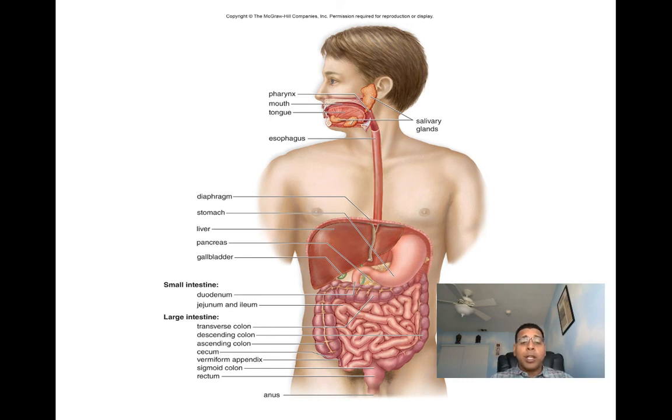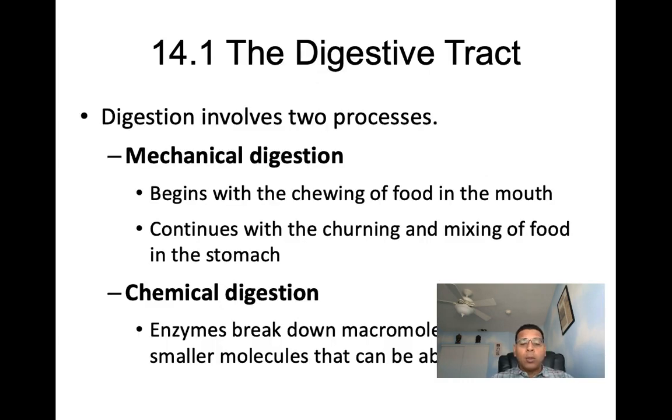Digestion is going to involve what's known as mechanical digestion and what's known as chemical digestion. Mechanical digestion begins with the chewing of food in the mouth, and it's going to continue to the stomach, where we're going to see mixing and churning of this food.